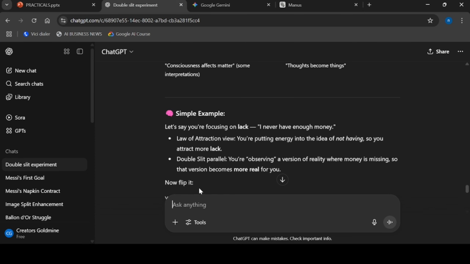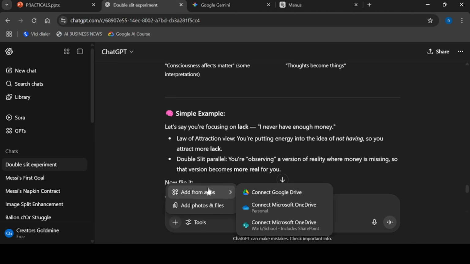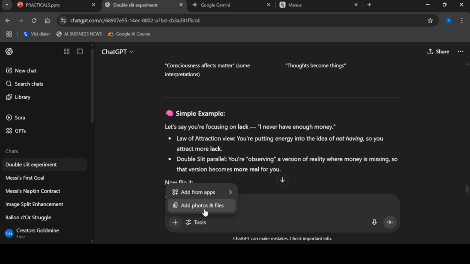Okay, so all you need to do is come to this plus sign here and click it. It's add from apps, which means you can go to your Google Drive and upload the document here on ChatGPT, or you can go to your Microsoft OneDrive and upload it, or you can come to your local disk, which is what I'm doing now, on the system I'm using to record this video.